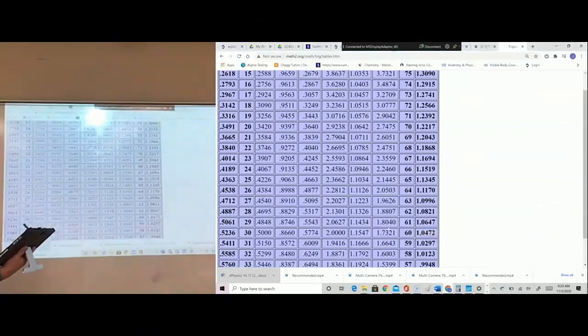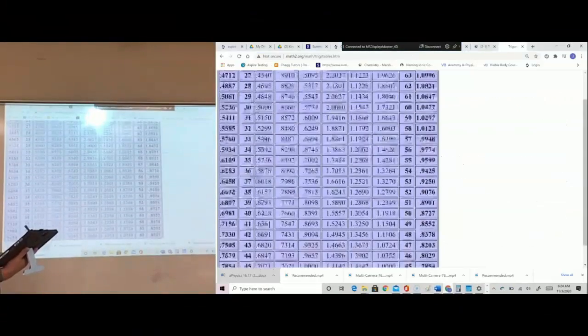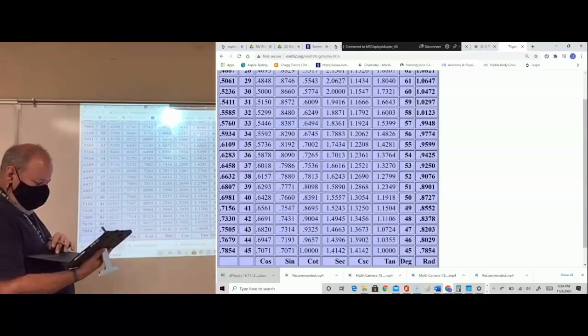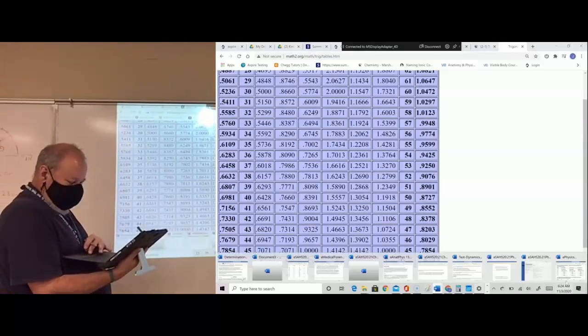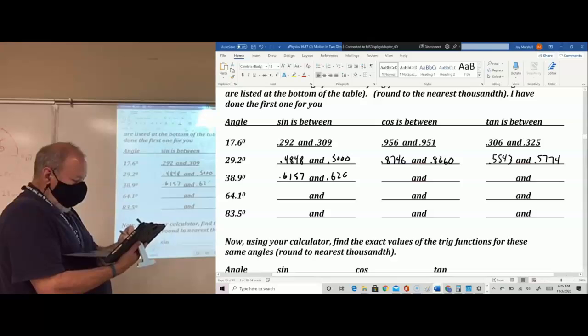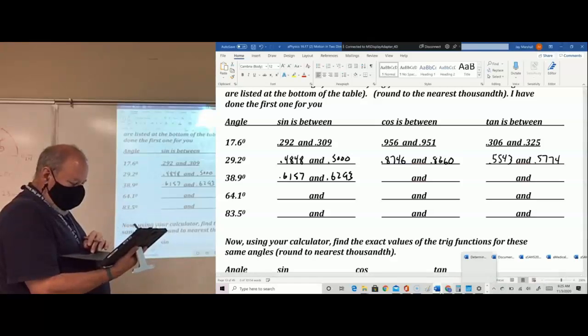If I go to 38.9, here's 38 and here's 39, so the sine is between 0.6157 and 0.6293. Okay, so now that's greater than 1/2, right?